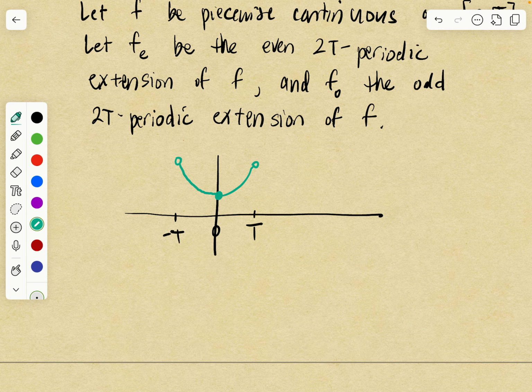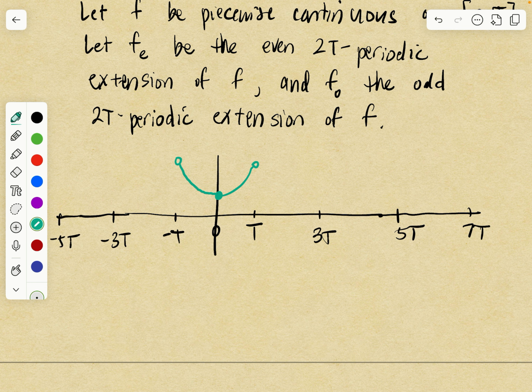And now we just extend it so that it has period 2t. So we just shift it to the right and left forever. It's going to go from t to 3t, because t plus 2t is 3t. And then it's going to go to 5t. These are not very evenly spaced. And then it's going to go to 7t, etc. And then it's going to go to the left forever, so negative 3t, negative 5t.